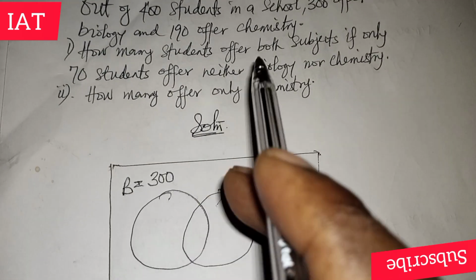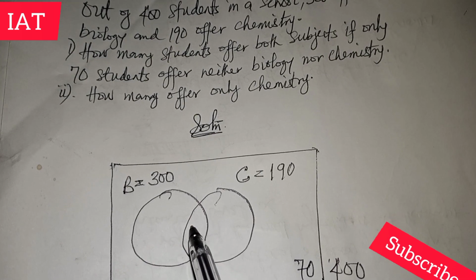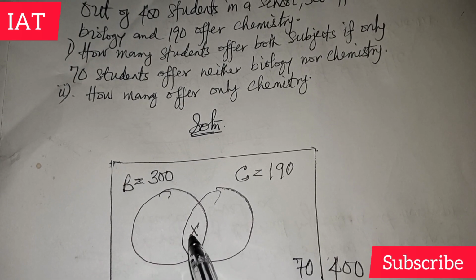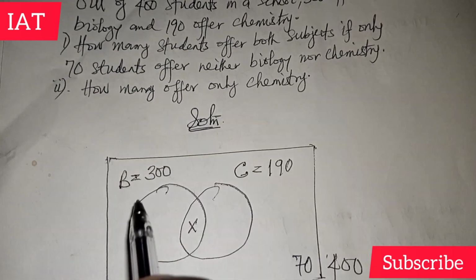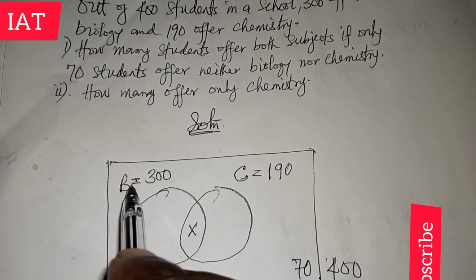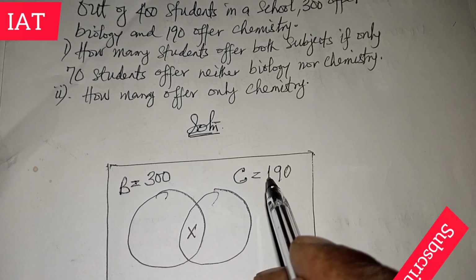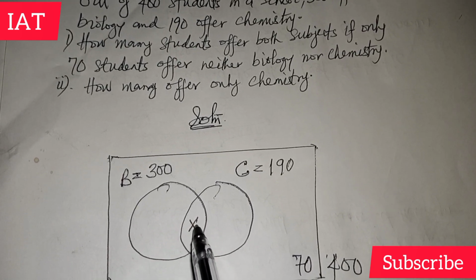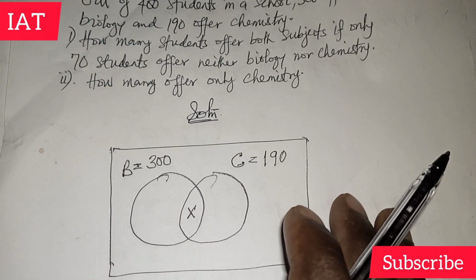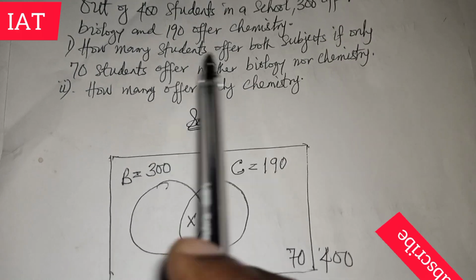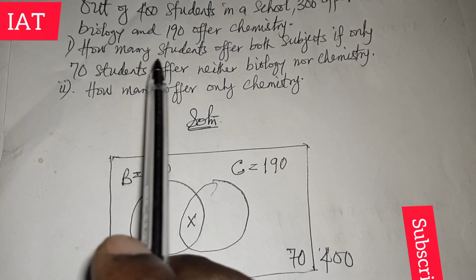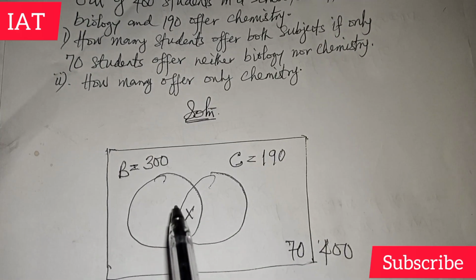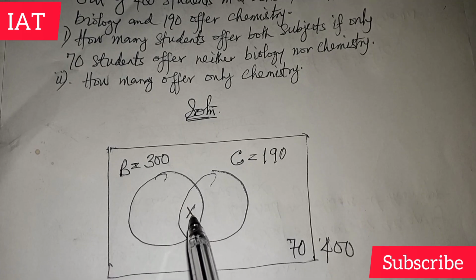We are asked to find how many students offer both subjects. We don't know, so for the intersection here we just use X. We need to find it, which is this X.